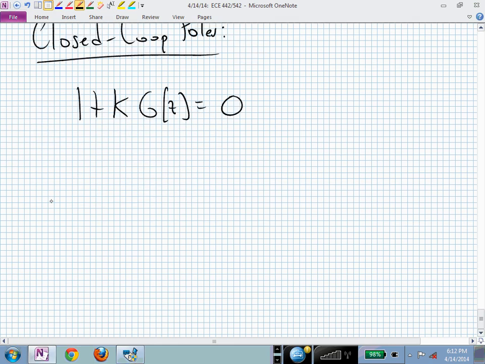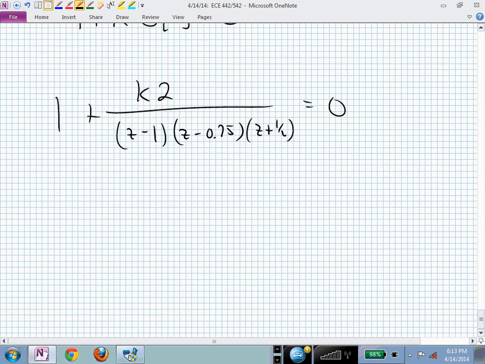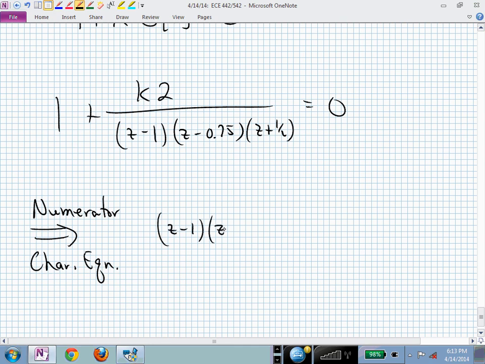In terms of what we have, we now have 1 plus k times 2, over z minus 1, z minus 3/4, and z plus 1/2 equal to 0. And we need the numerator of that, so that will give us our characteristic equation, which is the governing equation for the closed loop poles.